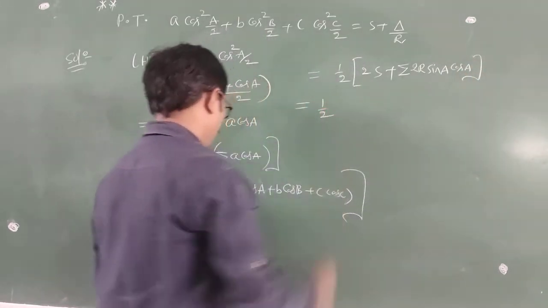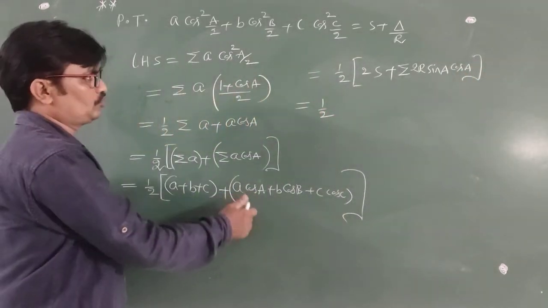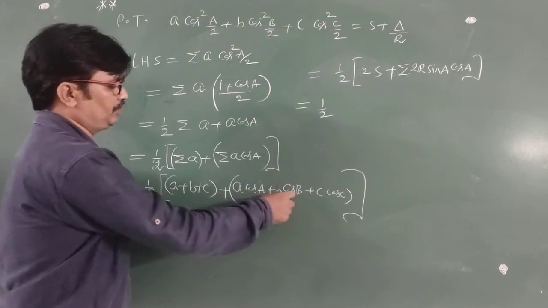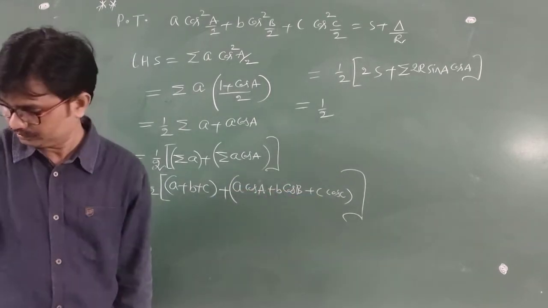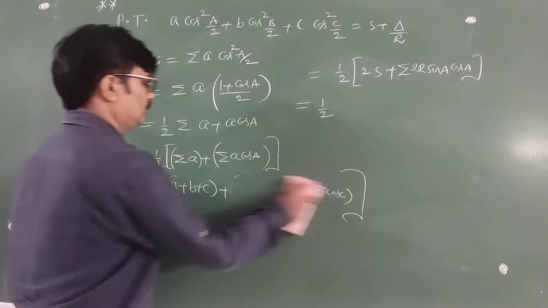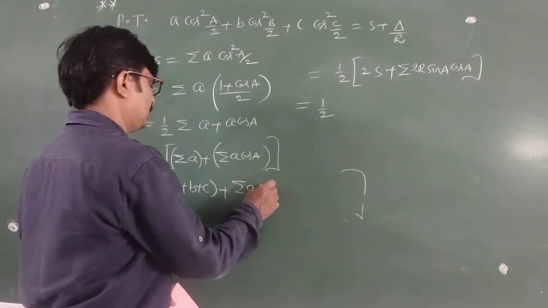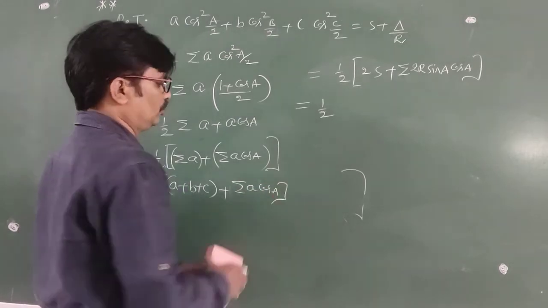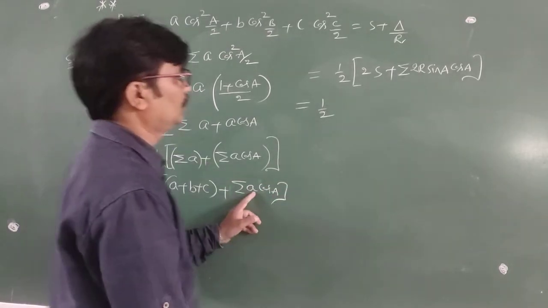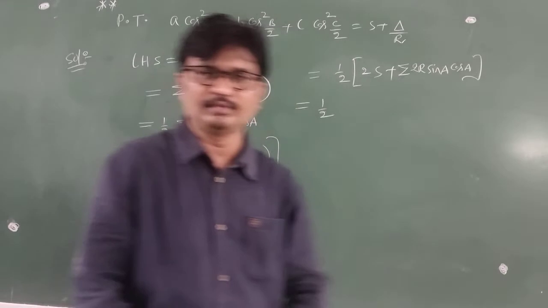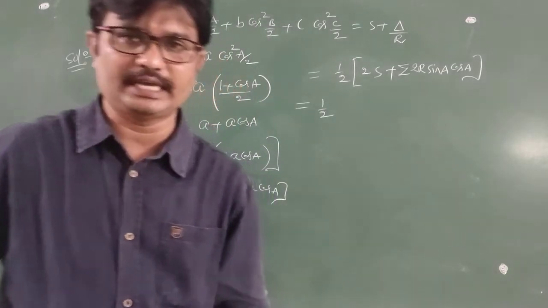We first take a cos A, b cos B, c cos C, so we have to take sigma a cos A. What is a from the sine rule? From the sine rule, a is 2R sin A.